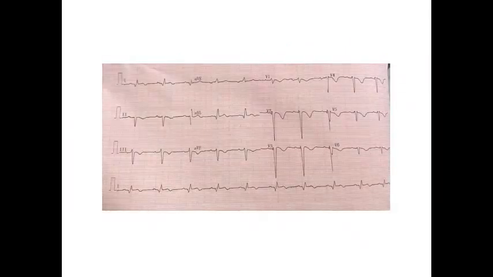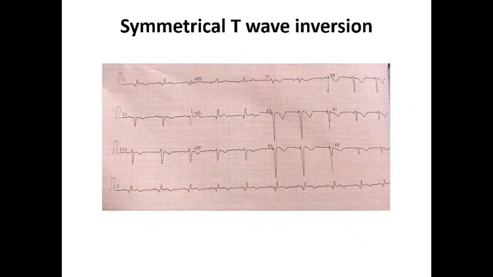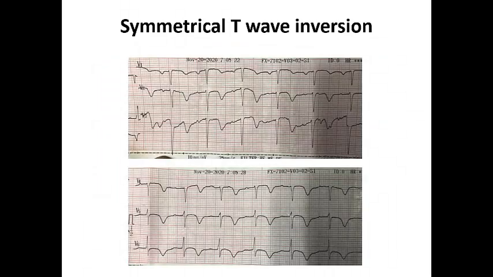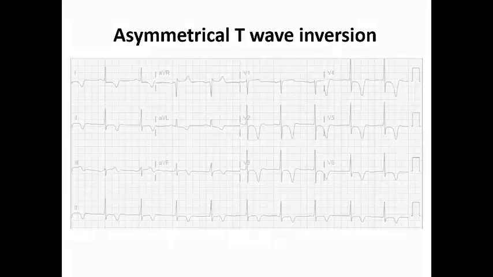So let's see this ECG example here. We can see here symmetrical T wave inversion from V2 till V6, and of course they are very suggestive of myocardial ischemia based on the symmetrical morphology, as we have an equal slope for the descending and ascending limbs. And here another example about symmetrical T wave inversion, and they are starting to become deep as they are approaching 5 mm depth.